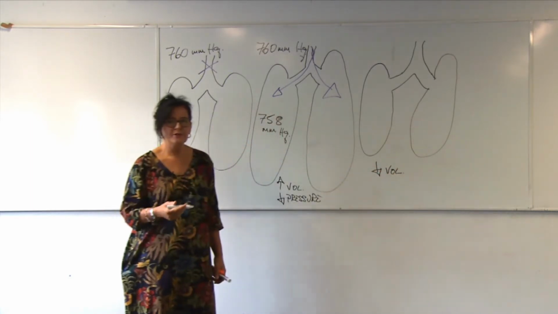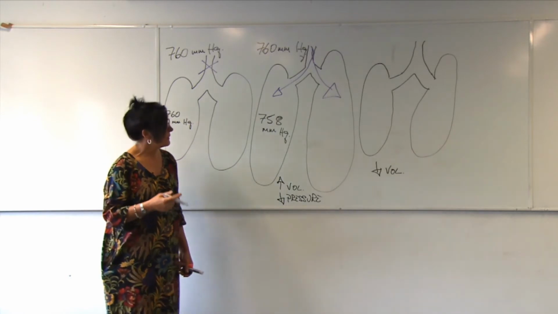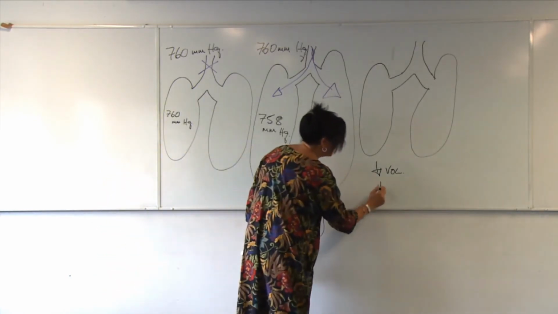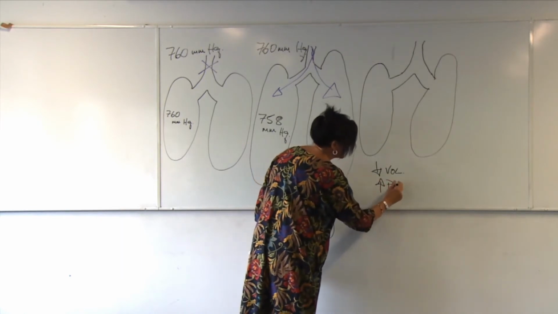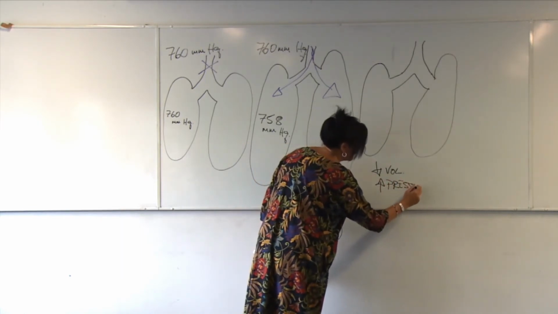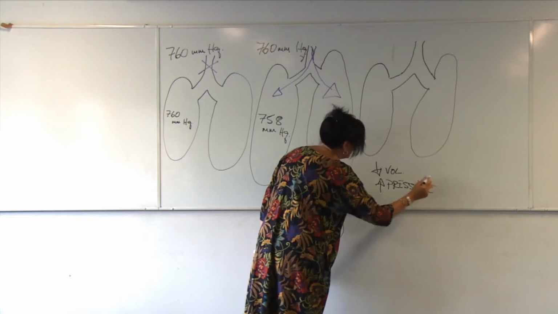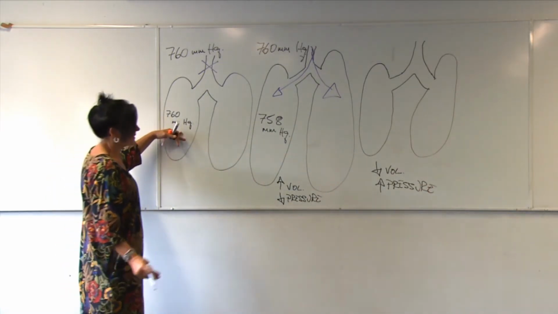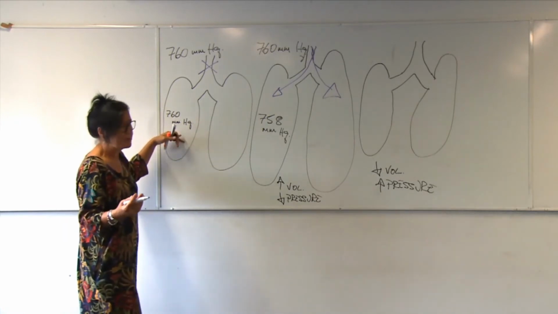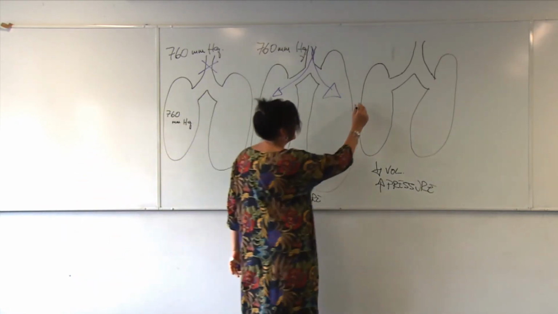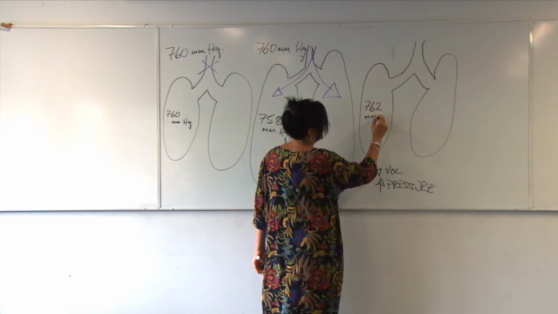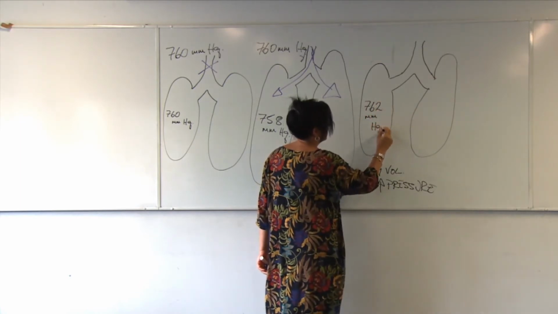So we've got a smaller set of lungs and we've reduced the volume. If we've reduced the volume, we've increased the pressure. So we've got increased pressure within the lungs. Okay, this was our pause, 760. We've now increased the pressure a bit above that, so let's have 762 millimeters of mercury.